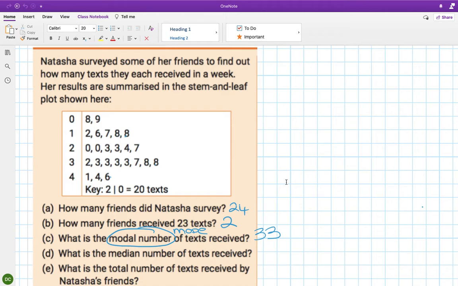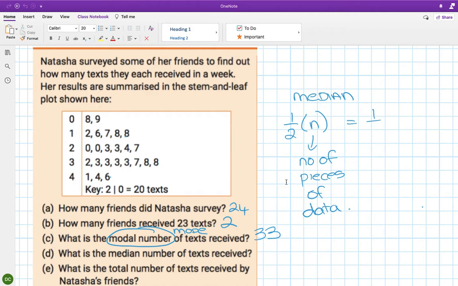Okay, so I just want to show you a little median calculation here. You do half of n, where n is the number of pieces of data. So in this case, what was there? 24. So we do half of 24, which is 12.